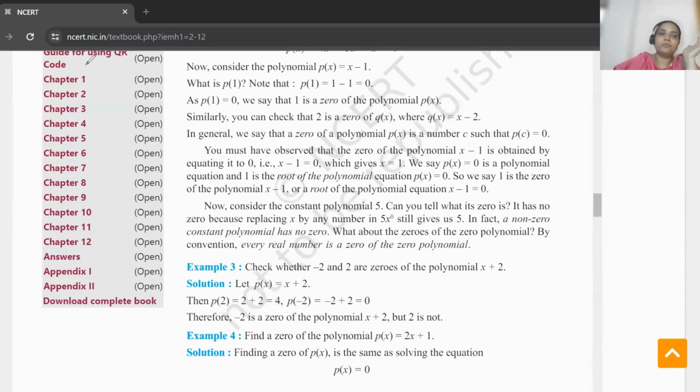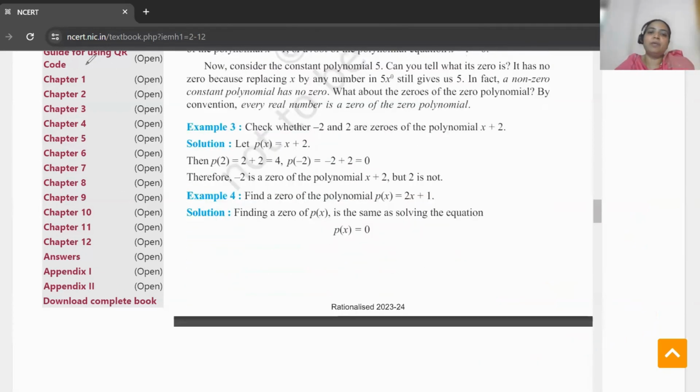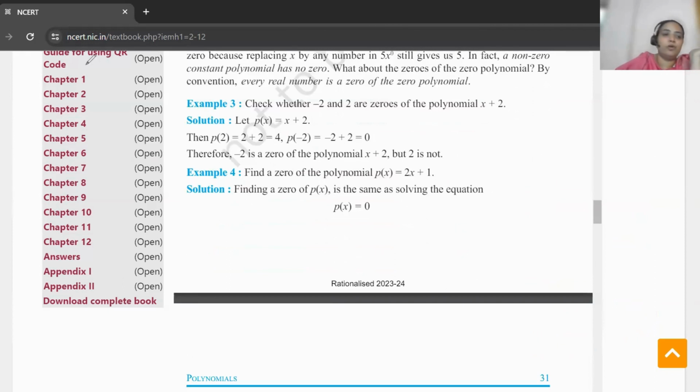Okay. Now the next thing that we are learning here is: check whether minus 2 and 2 are zeros of the polynomial. So how to check if these two are zeros of this? Zero means you put the value in this polynomial and you get equal to 0, right or not? There are two ways to understand the same thing.